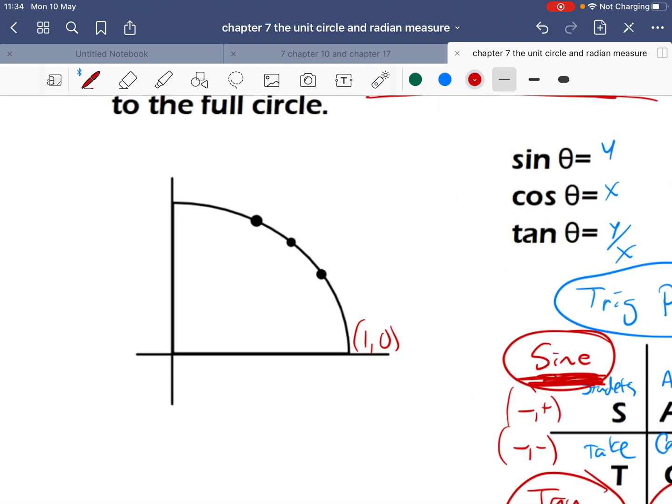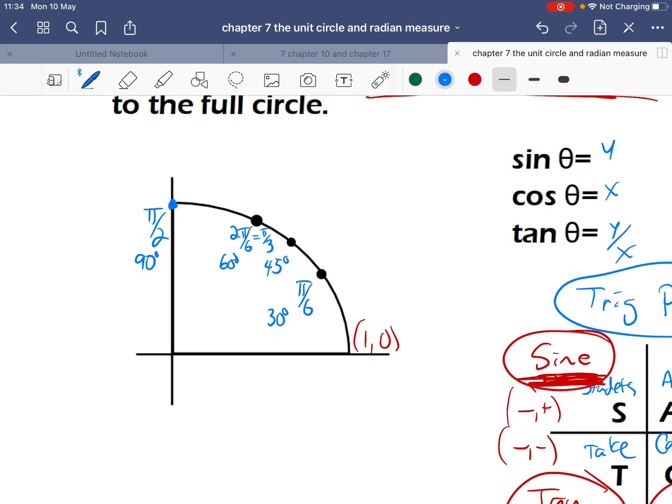And remember, I'm not even doing this right, sorry. If we start this over, this is pi over 6, 2 pi over 6, which simplifies to pi over 3, 3 pi over 6, which simplifies to pi over 2.